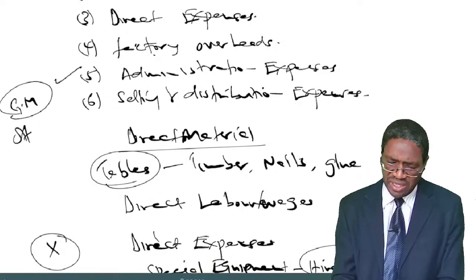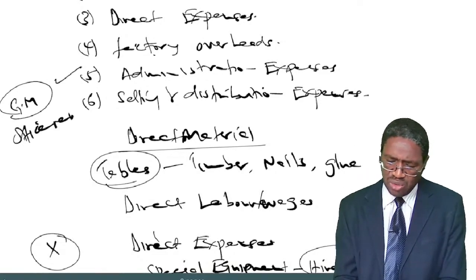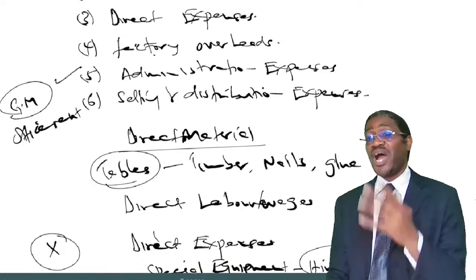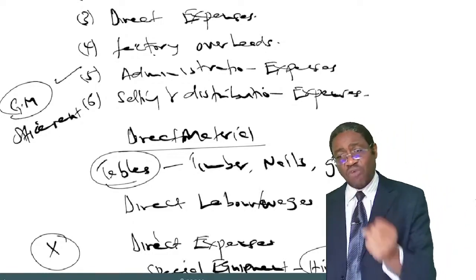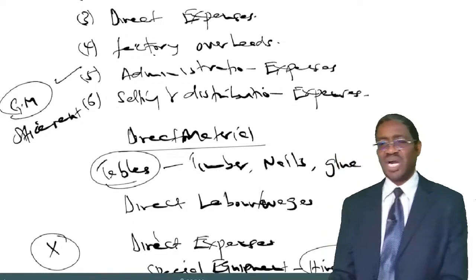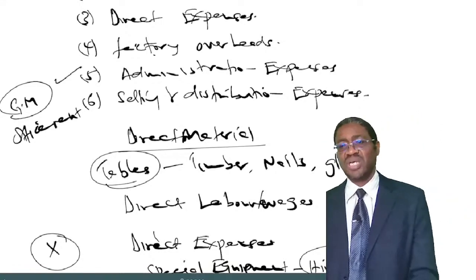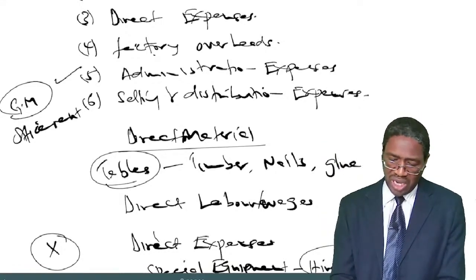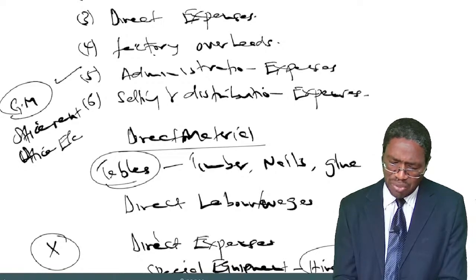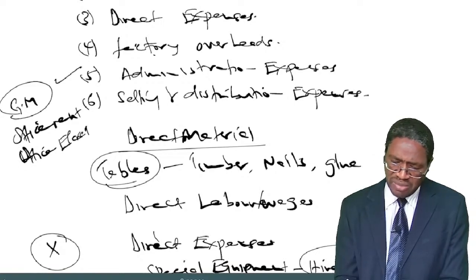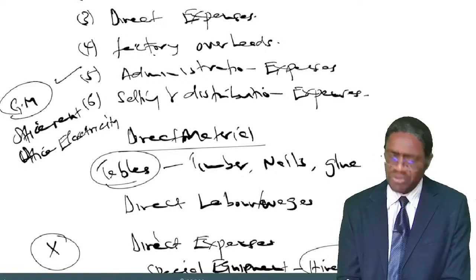Any office rent, for example, remember you use office for administration. So any office rent, that also becomes an administration expense. We also are referring to office electricity. These are other examples of administration expense. We use the office for administration.